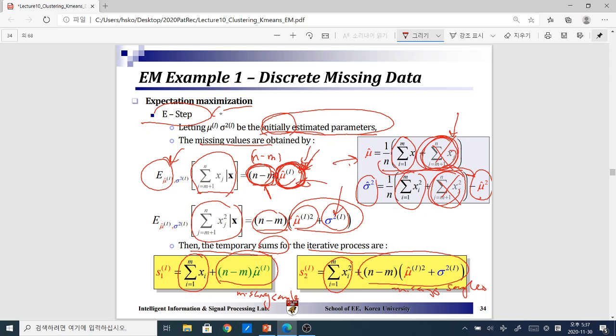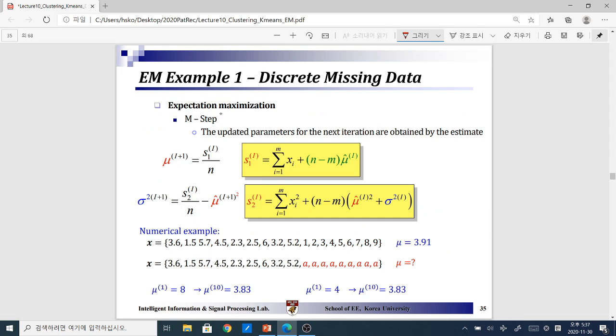And then the next step is the maximization step. This is to update the parameter value for the next iteration step, which is obtained by the estimation.